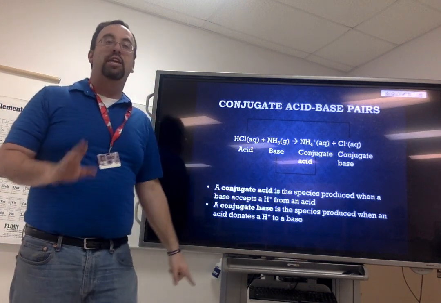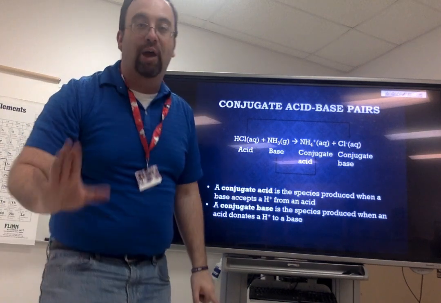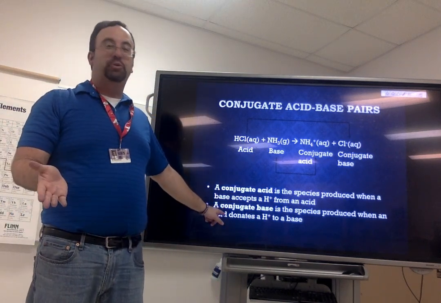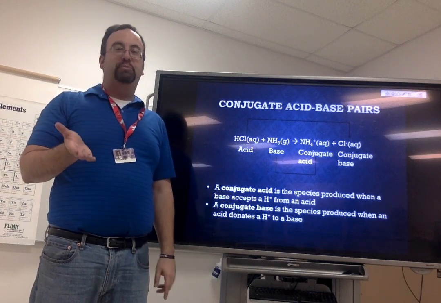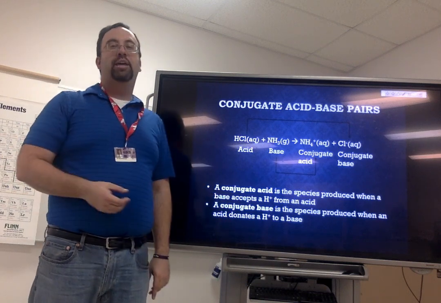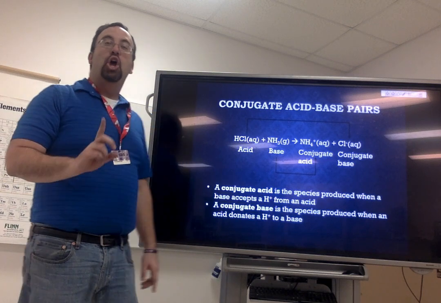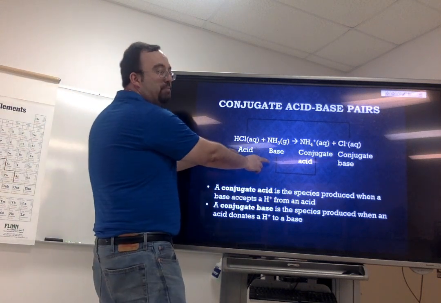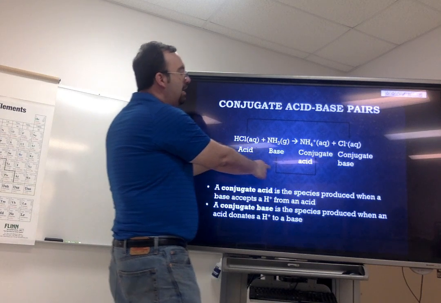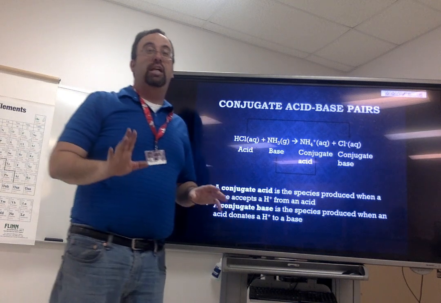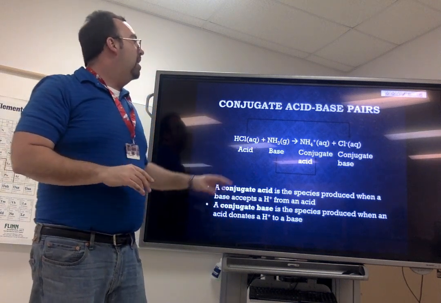These will always be found on the right side or product side of the equation. The conjugate base, as you would expect, is the species produced when an acid donates the H plus to a base. Let me show you how this works. Notice that the acids and bases are always on the reactant side, and the conjugate acid and conjugate base are on the product side. That's always the way it's going to be.